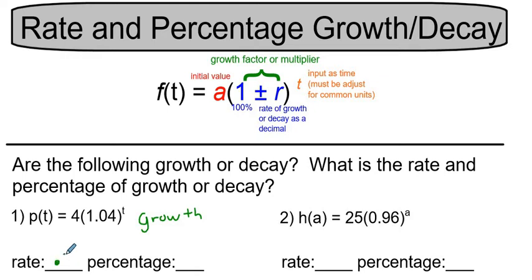It's 0.04 above the 4. Basically, it's going to grow by that amount. And as a percentage, if you remember how percentages work from middle school math or pre-algebra, the rate has to be multiplied by 100%. So my percentage would be a 4% increase over time.